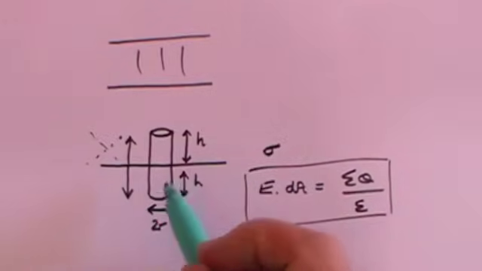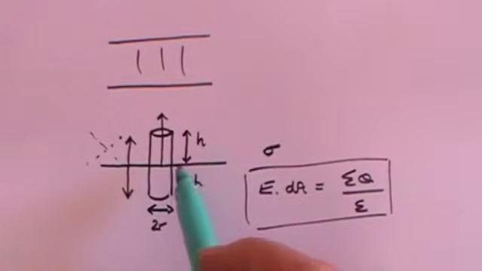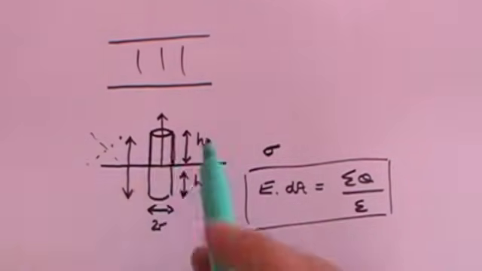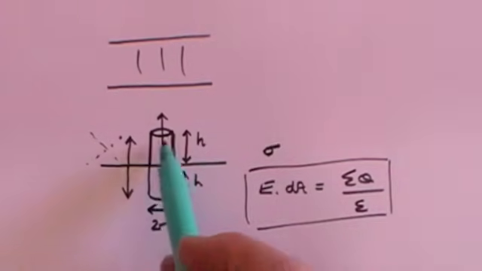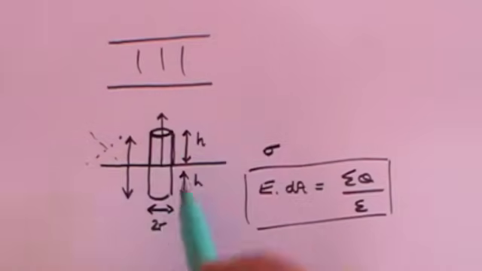So the field always leaves at 90 degrees. How much field goes through the sides of the cylinder? Answer: none, because it's all going parallel and it won't go through the side of the cylinder. So the only flux goes through the top and the bottom of the cylinder.